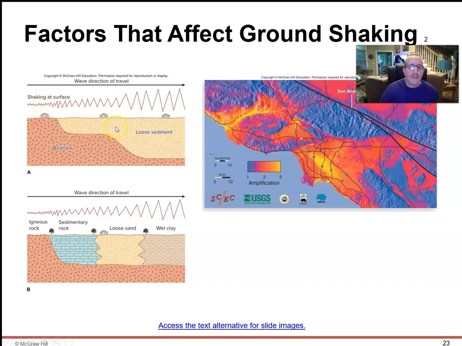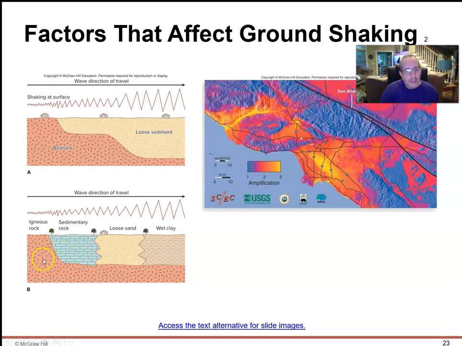But as it gets out here into the loose sediment, this shaking starts to amplify because this is less dense material. It can come apart a lot easier, and depending on soil moisture and what type of soil it is or what kind of bedrock it is, you can really have amplification of these waves. And you see here, down here's an example. So let's say you have limestone bedrock.